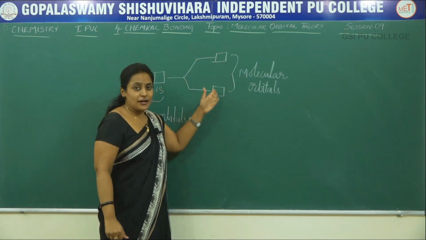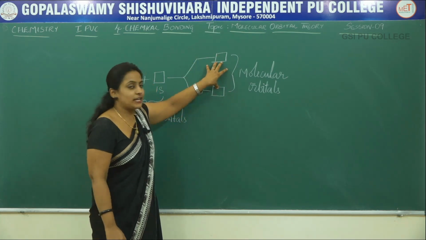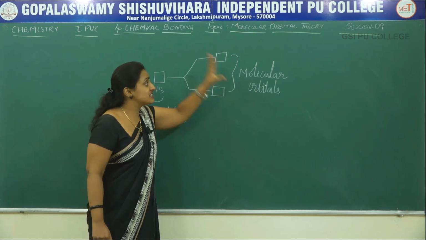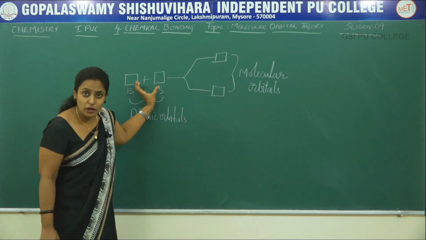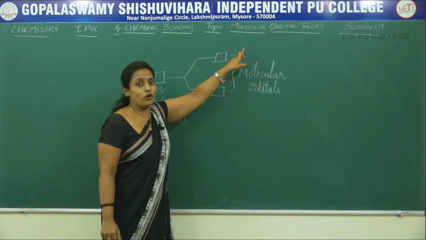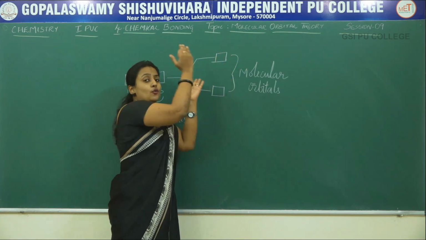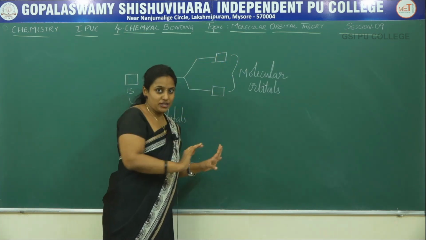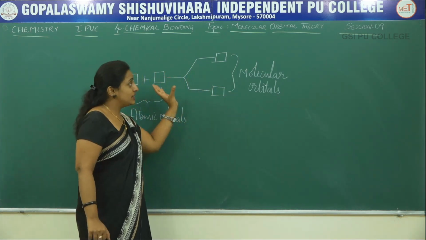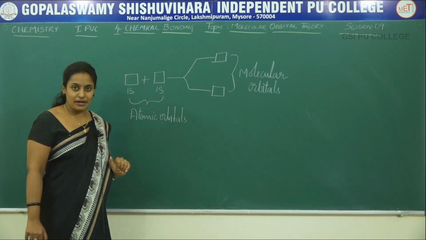In these molecular orbitals, the electron sharing will take place and these molecular orbitals will be involved in the bond formation. Whereas in VBT, the atomic orbitals are involved in the bond formation. But according to molecular orbital theory, these two molecular orbitals are involved in the bond formation. This is how the molecular orbital is going to form from atomic orbitals.